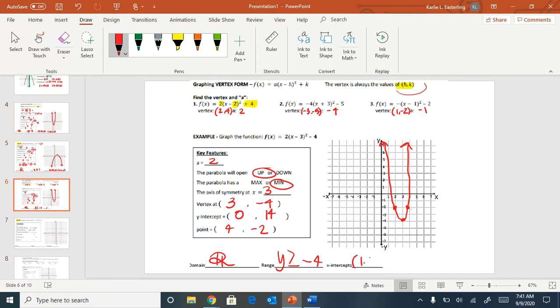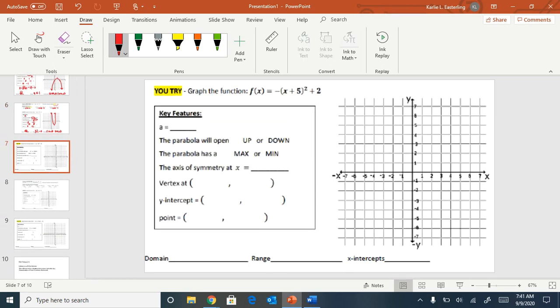So I'm going to round this to 1.6. And then again, I'm going to hit second trace and hit 0 again, go to the left of one of them, to the right of one of them, guess right about where it's at. And I got that we were at 4.41, so I'm going to round that one to 4.4. And those are our zeros there. Again, on Desmos, you would just put your little mouse on top of the graph and go from there.